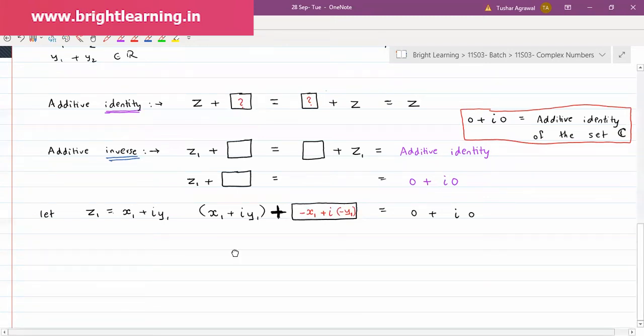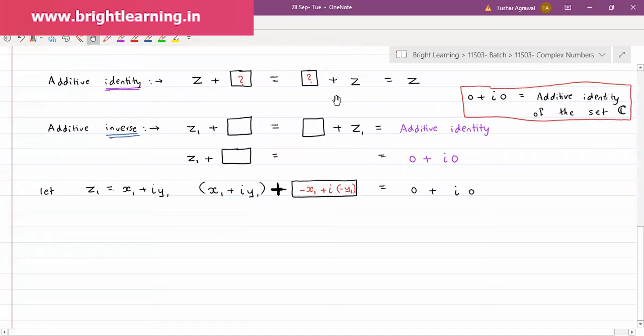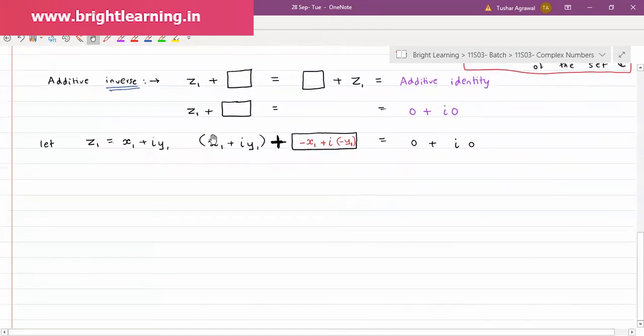So see, additive identity was of the set of complex numbers, but additive inverse is of the particular complex number.